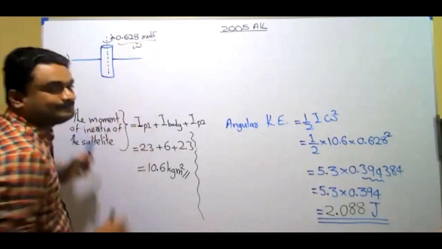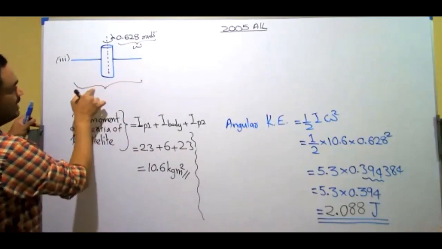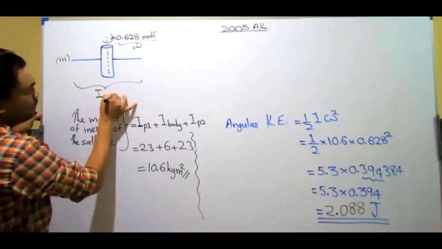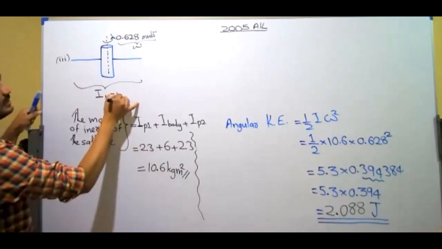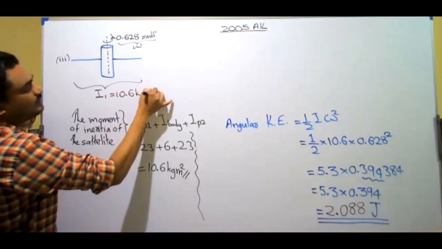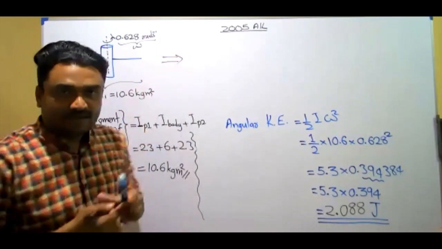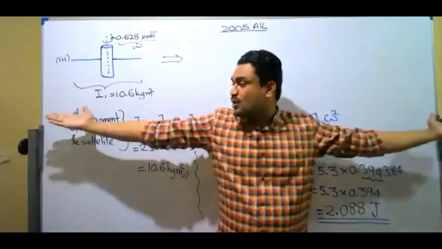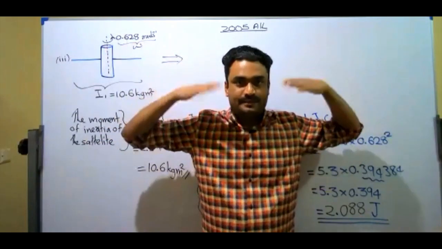We have found it. The moment of inertia of this satellite at this time, let's say I1, we have found it as 10.6 kg m squared. While it is rotating like this, the two solar panels, let's say my hands are two solar panels, are folded.